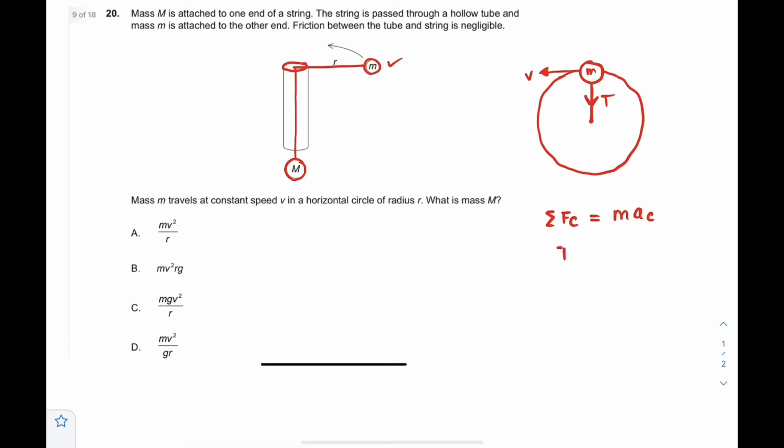So T is equal to mass into the acceleration of small m towards the center. Centripetal acceleration, right? v square by capital R. So from here we get that T is equal to mv square divided by capital R. Okay, so this completes the free body diagram of the small m part.